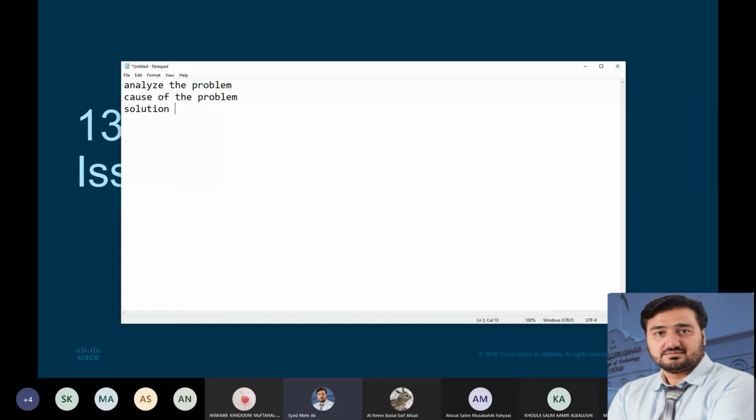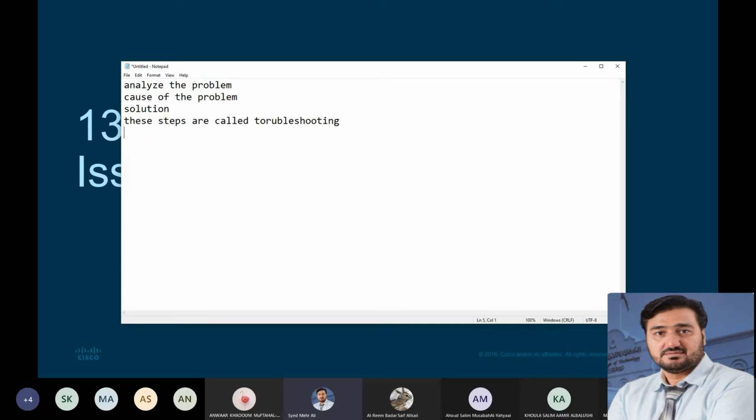So all these steps are called troubleshooting. These are the steps: analyze, find the cause of the problem, and provide a solution. It is called troubleshooting.